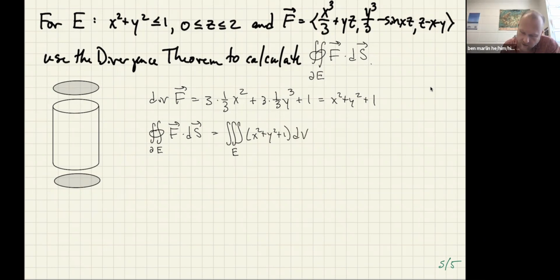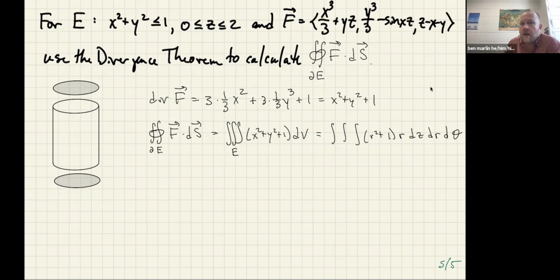I'm going to put that into cylindrical coordinates, and because it's cylindrical coordinates, I'll need to put an r, and then there's dz, dr, d theta.